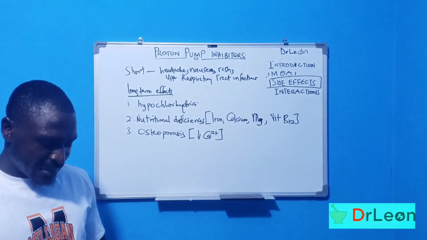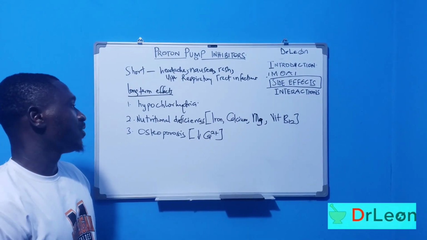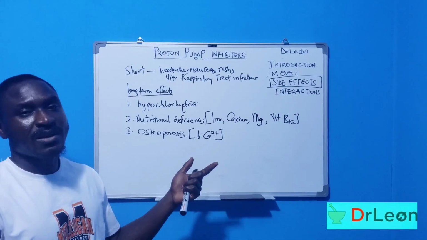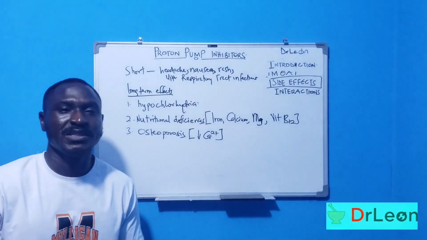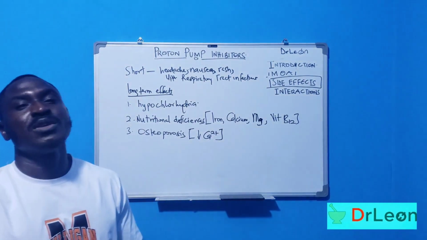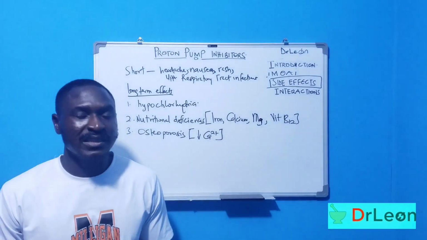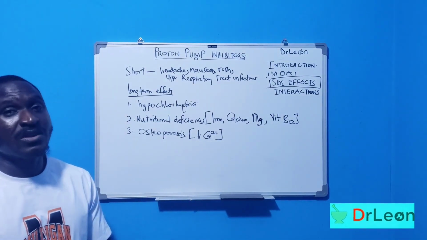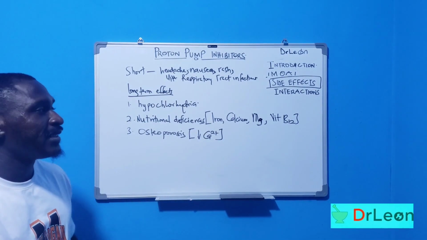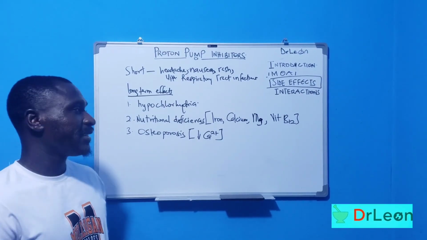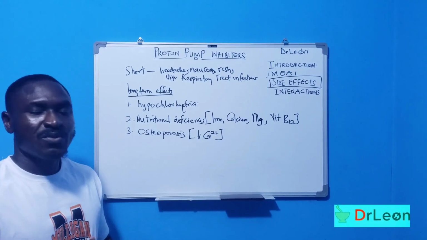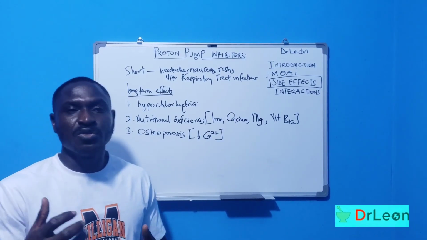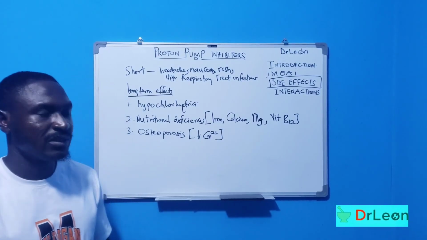So as pharmacists, you have to be aware of some of these long-term effects. Educate your patients on them, especially patients who are on this medication for that long period of time. And you can recommend that they regularly monitor these levels so that we make sure that they don't go below their lower limits.